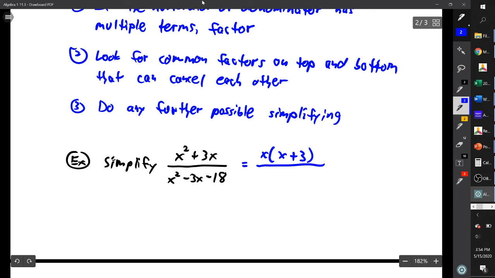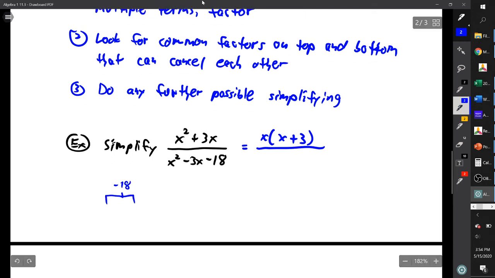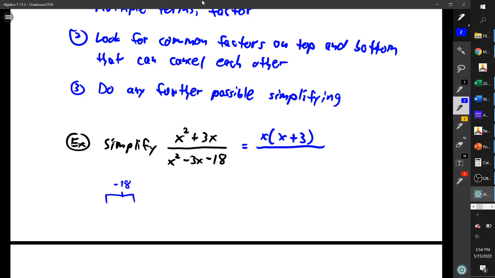Cool. Now on the bottom we have three terms. There's no greatest common factor, and it's a 1x squared, so I'm going to look for two numbers that multiply to negative 18 and add to negative 3. 18 is 6 times 3, and I want the bigger number to be negative so that when they add, I get a negative.